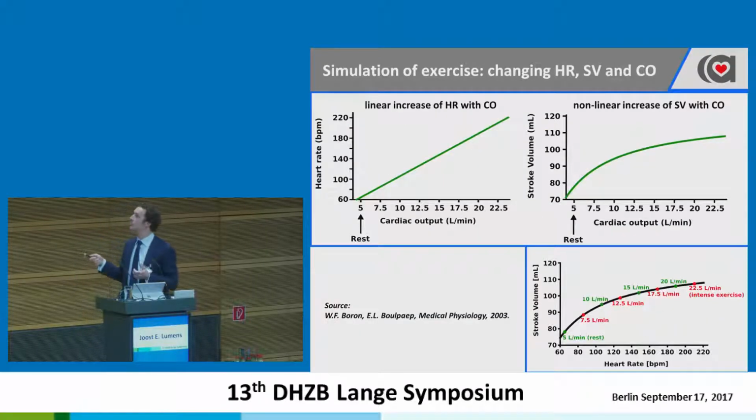So then we have to assume a heart rate relation and a stroke volume relation as function of cardiac output, and we just took data from a medical physiology textbook because we didn't have the real data of a healthy human being.